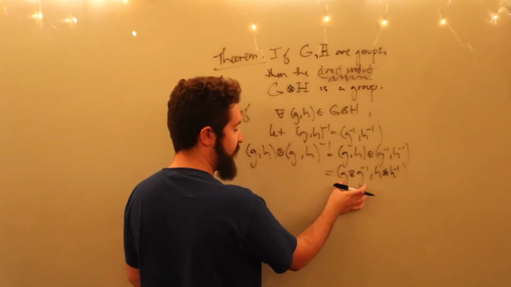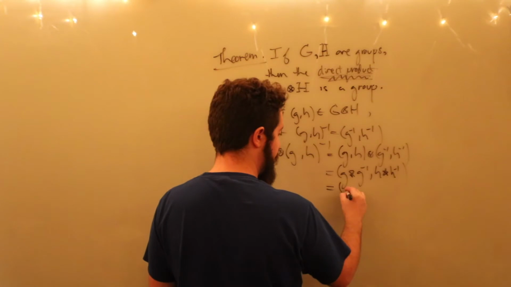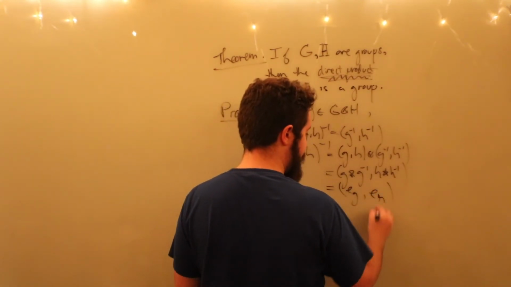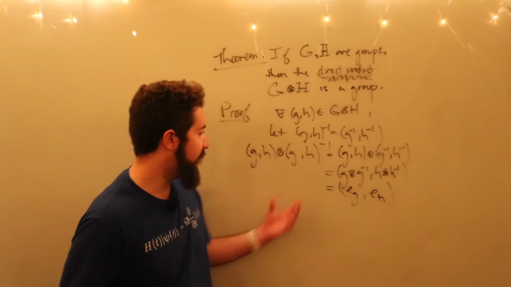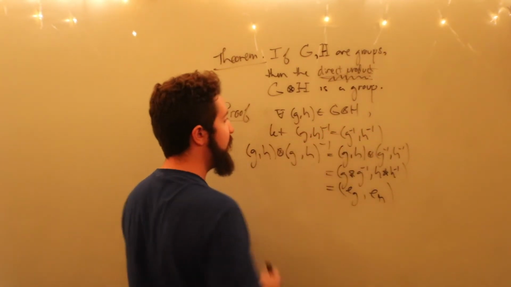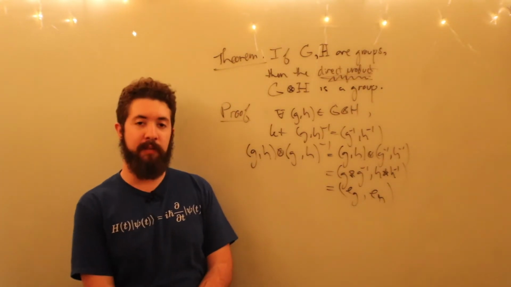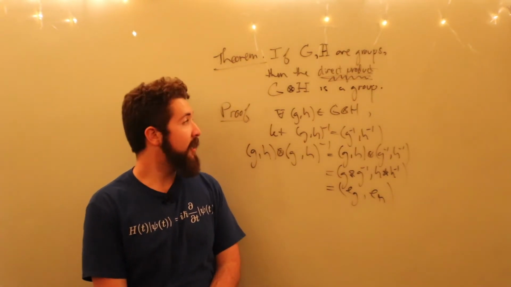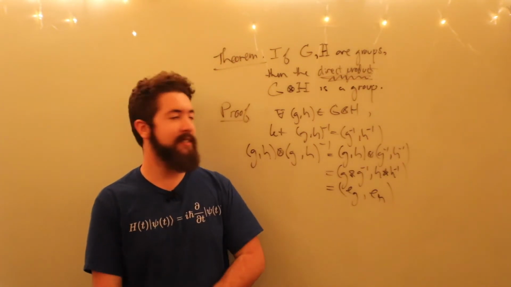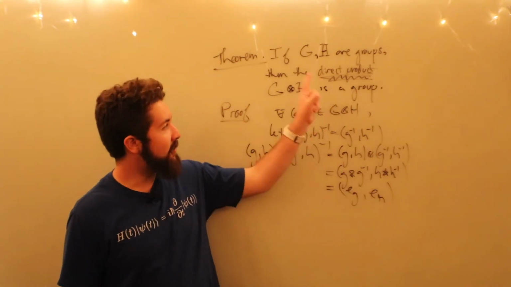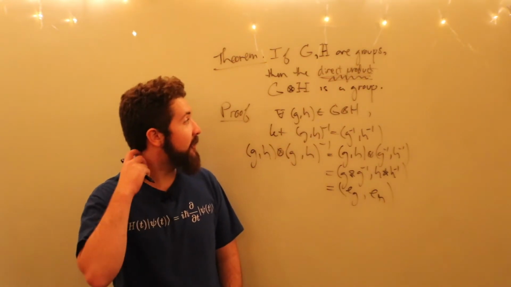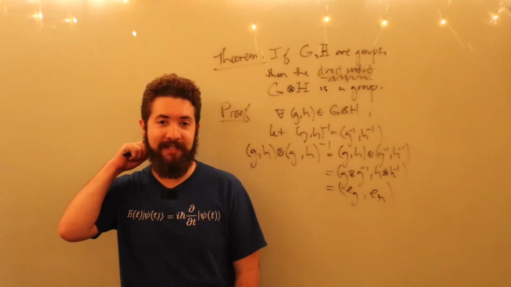And this is just its inverse in G, so we know this is equal to the identity in G, and this is likewise going to be the identity in H. And of course, we can do the same thing on the other side. So if this is the way we define an inverse, then inverses are going to be contained in the direct product. And so it's closed under the binary operation and satisfies all three group axioms. That means that our direct product is going to be a group.